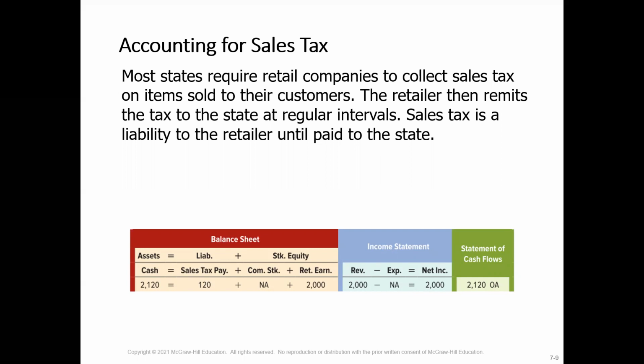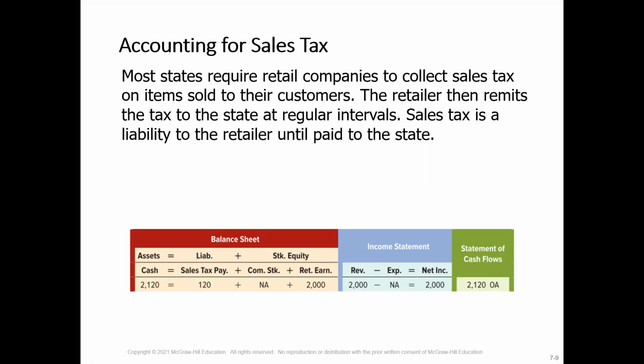That, however, does not balance with how much cash we received from the customer. So we sold $2,000 worth of goods, we received $2,120. So we have to account for that $120 somewhere. And that is a current liability. It is an obligation for the company to pay.